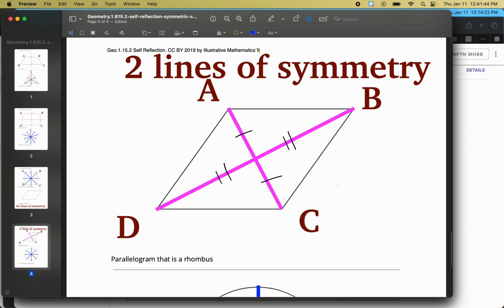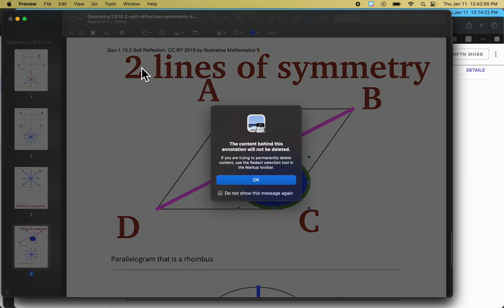Okay, so looking at the parallelogram that is a rhombus, you've got two lines of symmetry here, corner to corner, right? Both directions. And remember, these are going to meet at a right angle. Let me put in an extra point here, just an extra little circle.